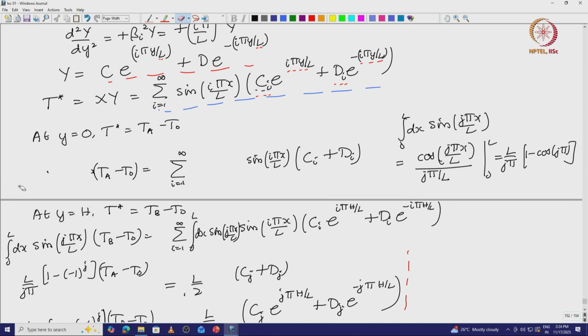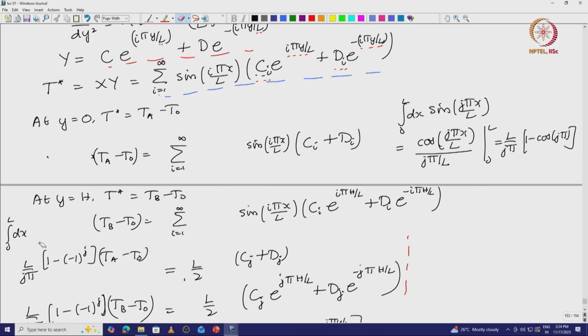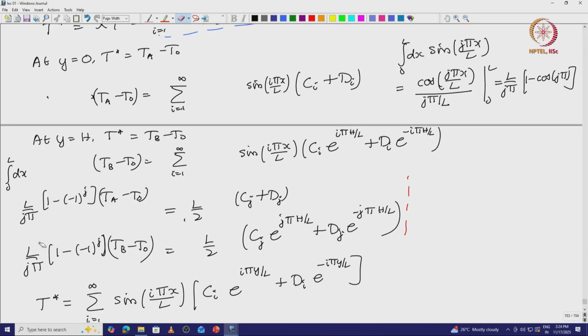This is for Ta minus T naught, and this is for Tb minus T naught. So, these are an infinite number of coefficients Ci and di at both boundaries. So, these coefficients have to be evaluated at both boundaries.